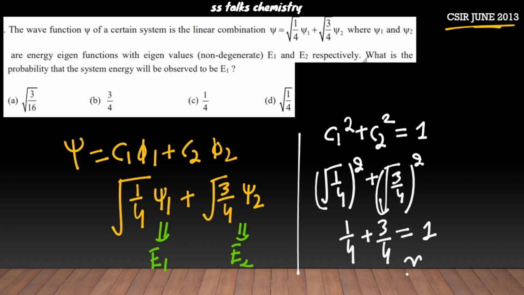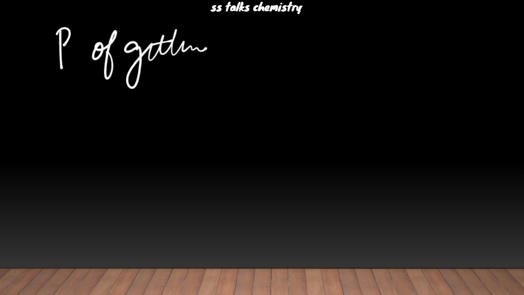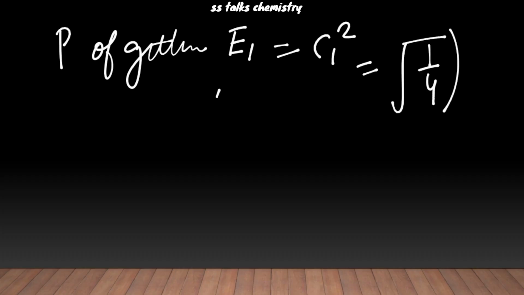So the system is normalized. Okay, now the probability of getting the energy E1 is equal to C1 square only, right? And C1 we have seen is the root of 1 by 4, so its square comes out to be 1 by 4.